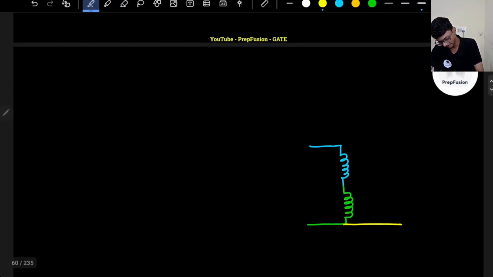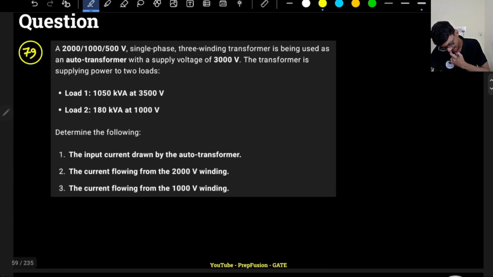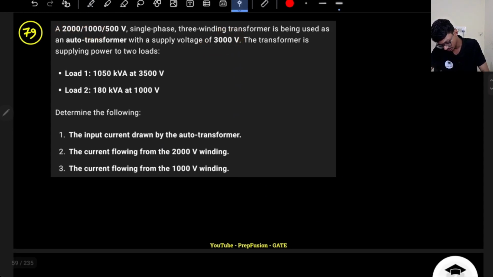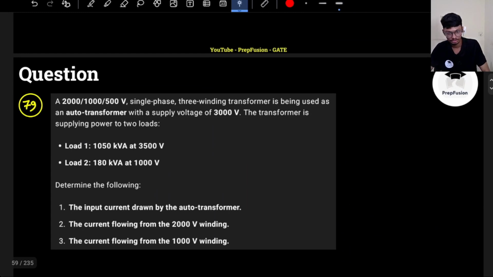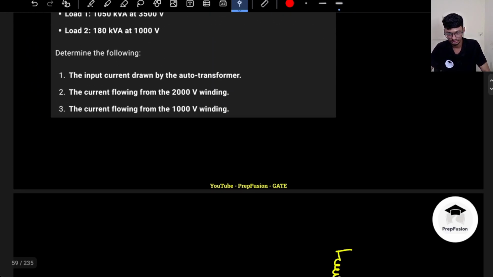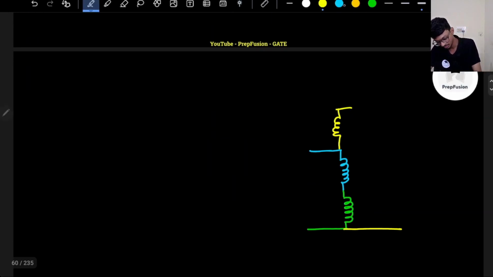So I have this third coil, 500 volts here, that is, let's say here only. Okay, so the input side, supply side is 3000, so these two coils will be additive in nature. So here one of the coils will be 2000 volts, other coil will be that 1000 volts. So let's assume, we can assume our design for now, later on we can change it.